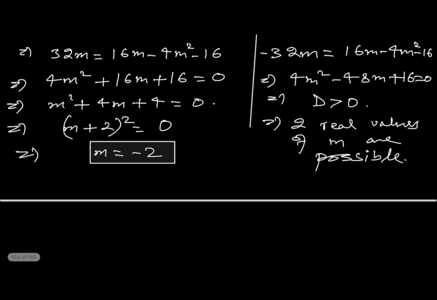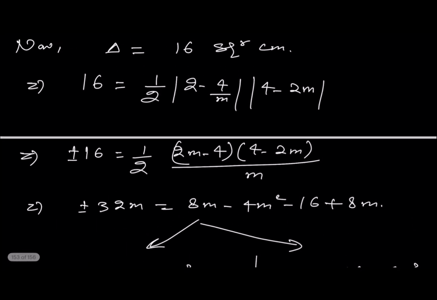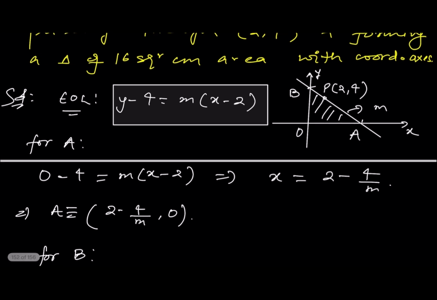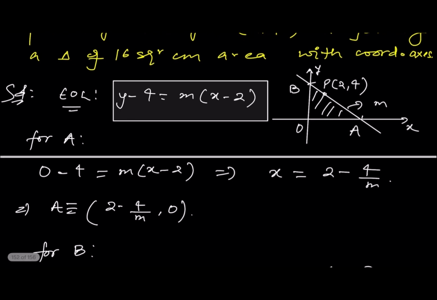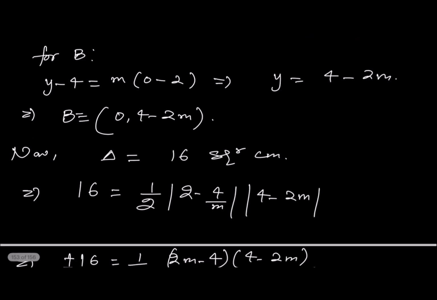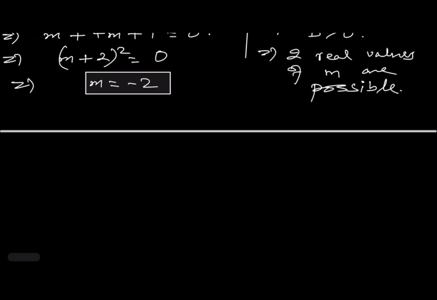So in total there will be three straight lines passing through (2, 4) and will make a triangle of area 16 square centimeter. So number of straight lines is equal to 3.